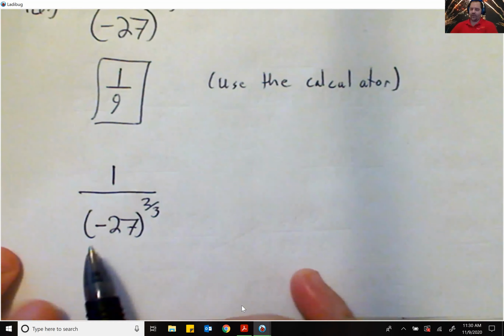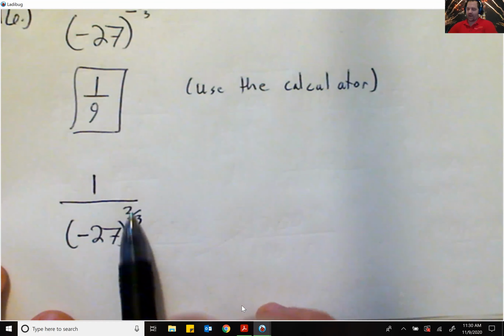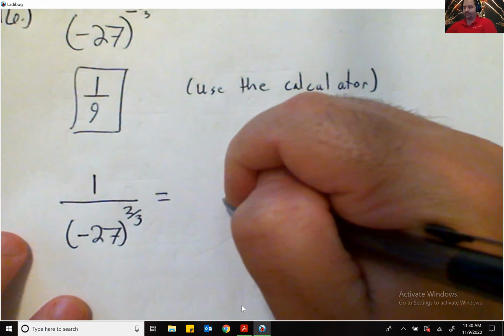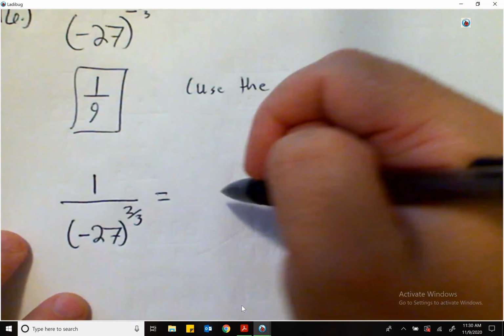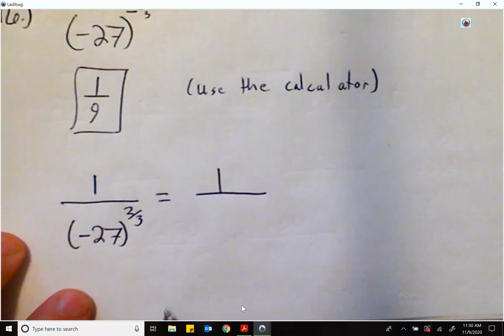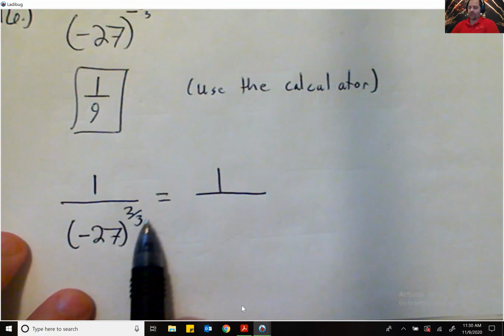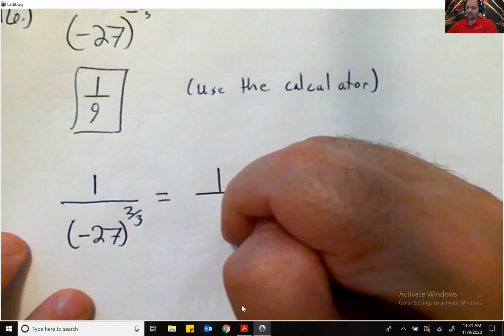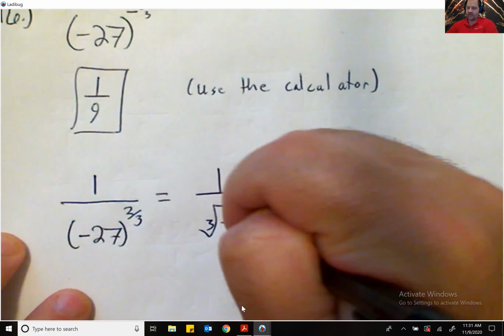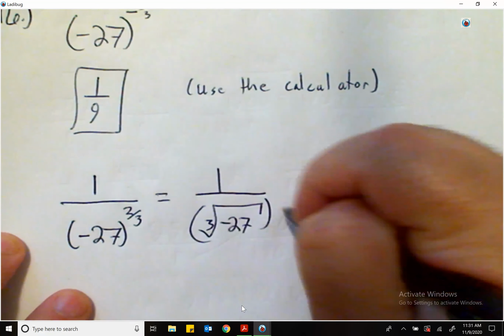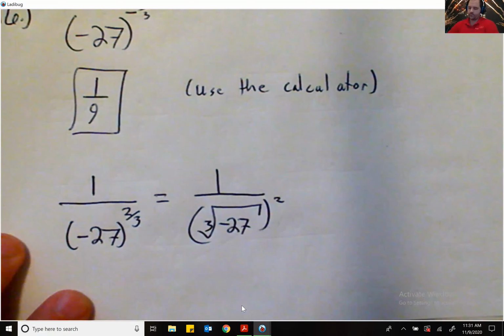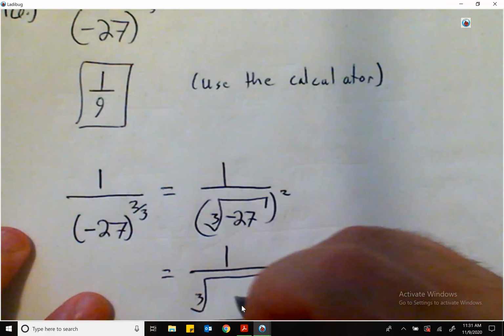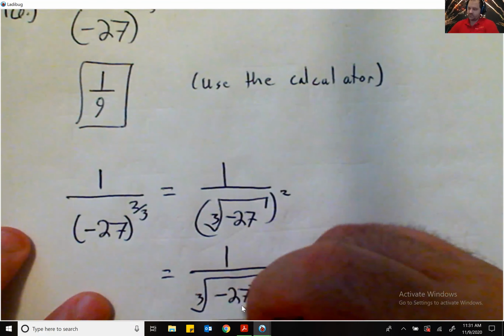Now, whenever you have a rational exponent, you can turn it back into radicals. The top number is the power, the bottom number is the root. So you can write it as the cube root of negative 27, squared, or the cube root of negative 27 squared.